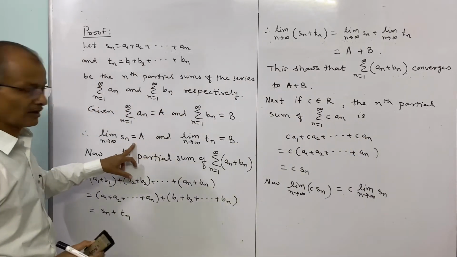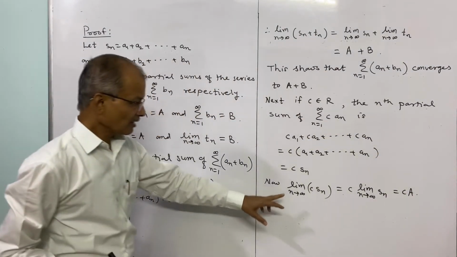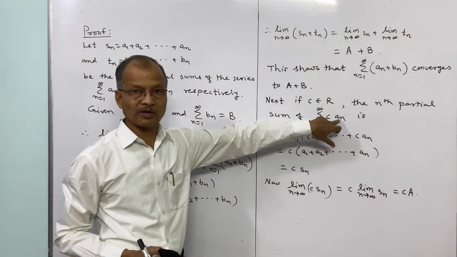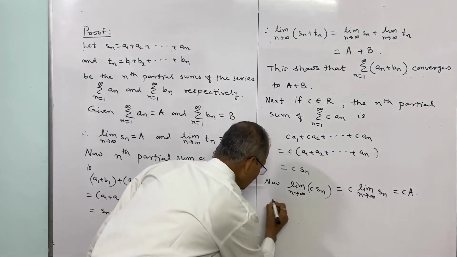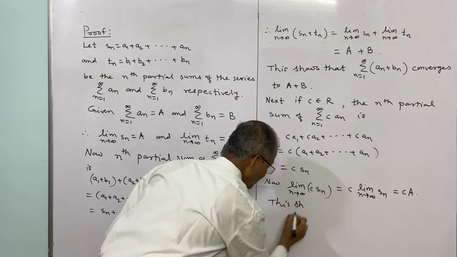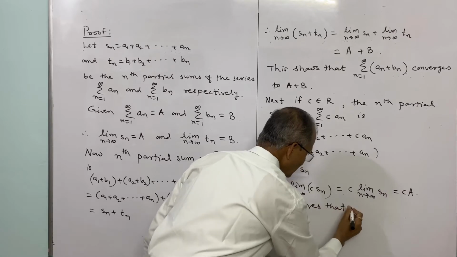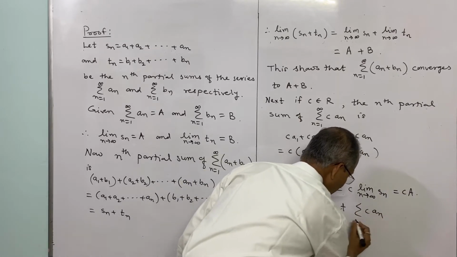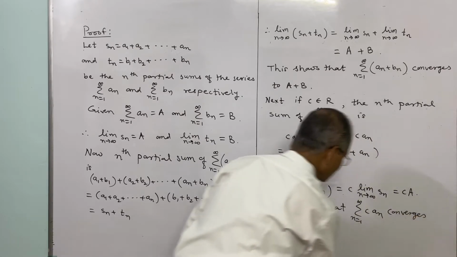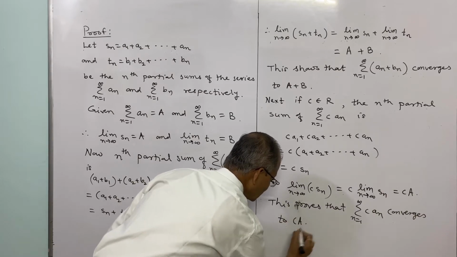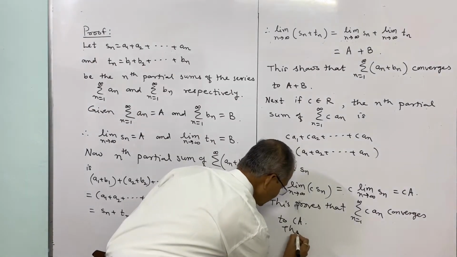Here, it is A. So this is equal to C times A. Thus this proves that the series sigma C an converges to C times A. So the series summation of C an converges to CA, and this proves the theorem. Hence this is the proof of the theorem.